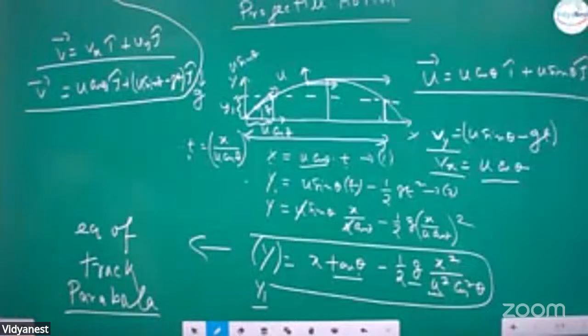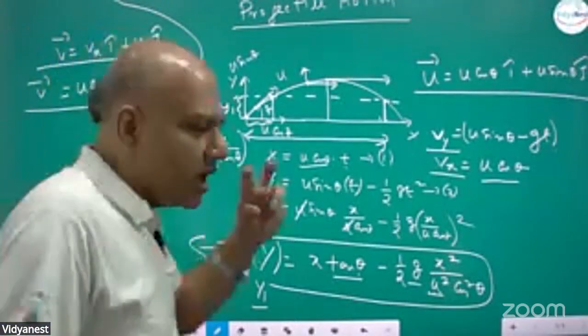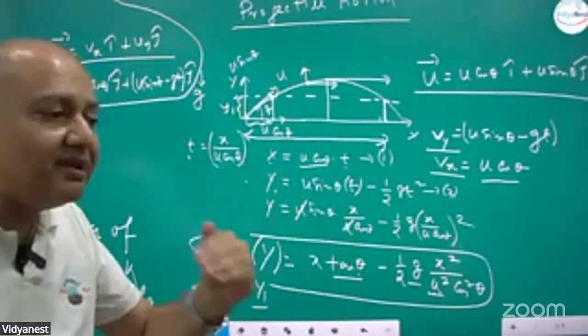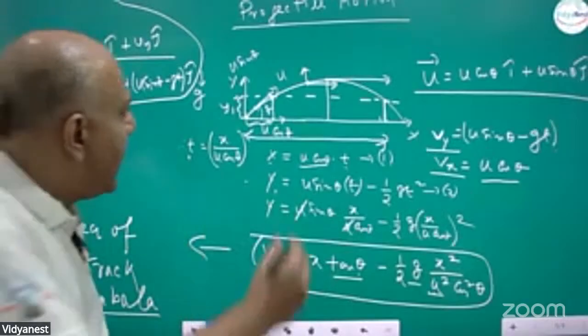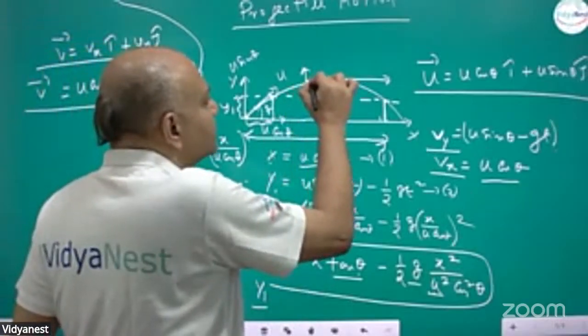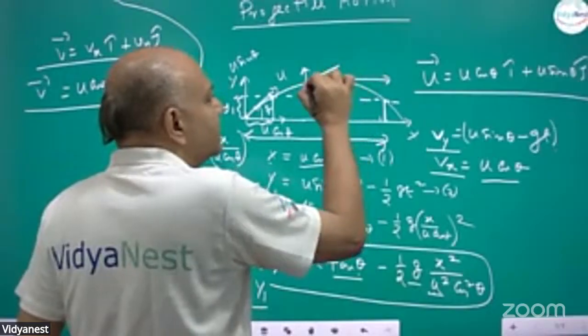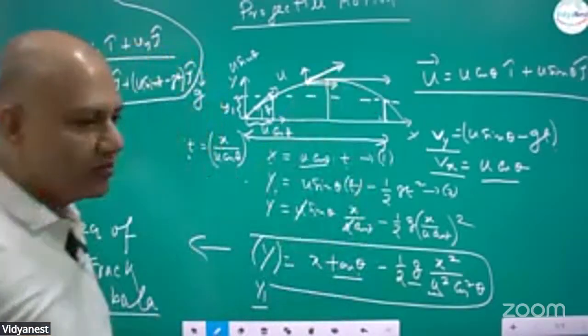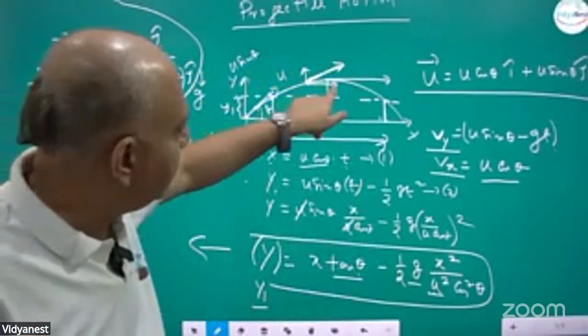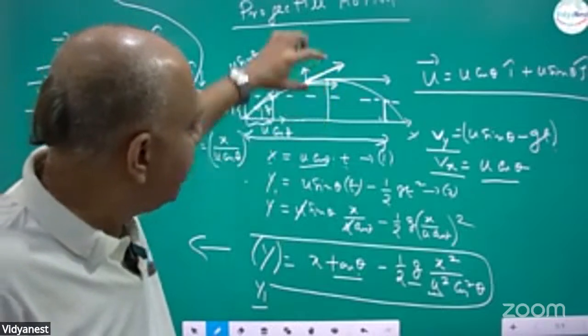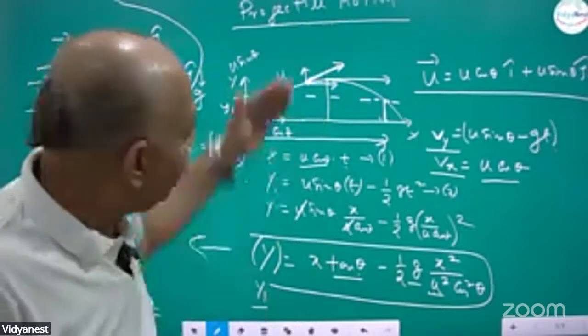Okay, so now see, how can I represent the resultant? At this instant of time, the velocity has a resultant, because it has a horizontal component and a vertical component. If I combine these two, I can get a resultant velocity.